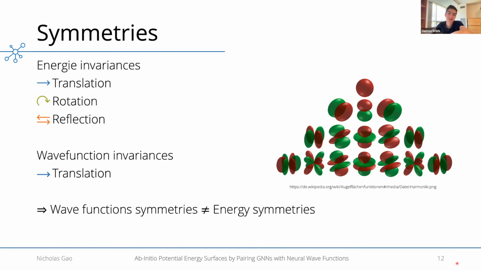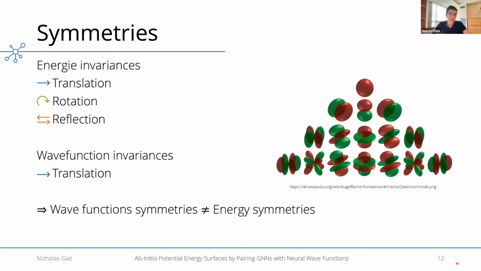Even though in the lowest energy state the sphere is actually round and invariant to rotations, in bigger molecules this will no longer be a sphere, and we will need rotation and reflection equivariance. Well, we don't need translation equivariance, but we need rotation and reflection.